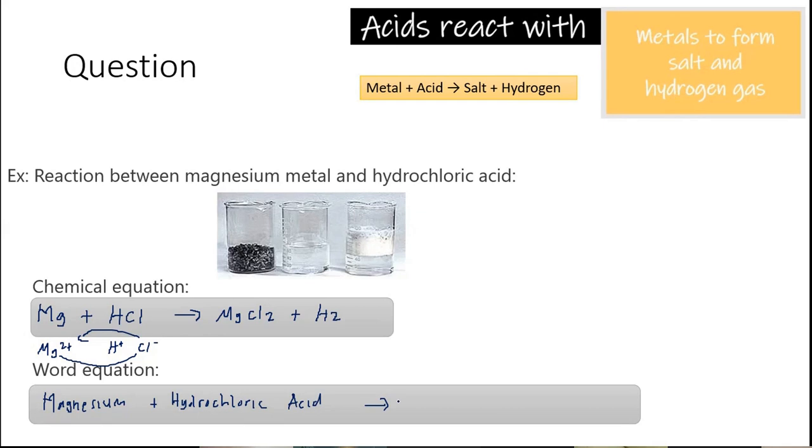Magnesium chloride. Good, Charles. Chloride, correct. Plus H2, hydrogen gas. Yeah, this is the word equation.